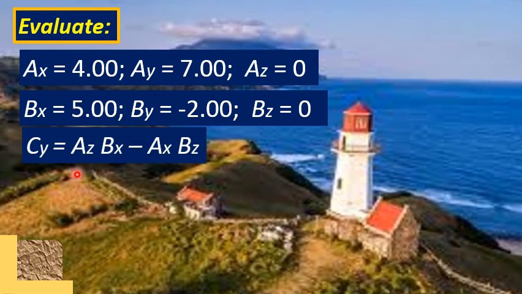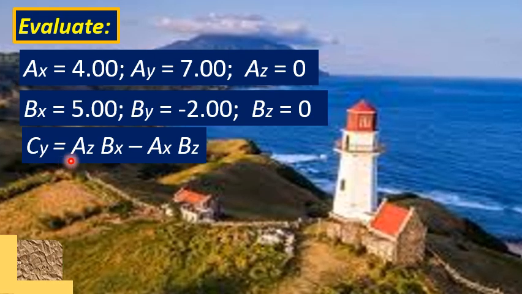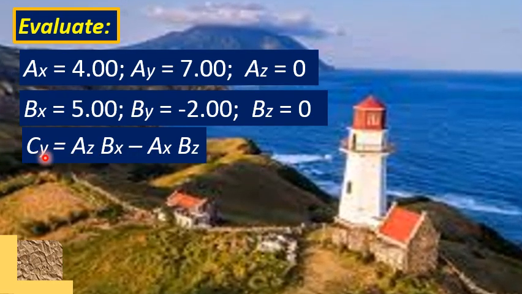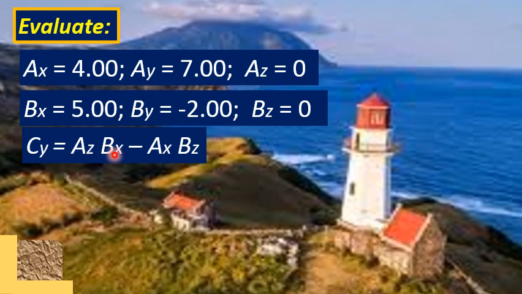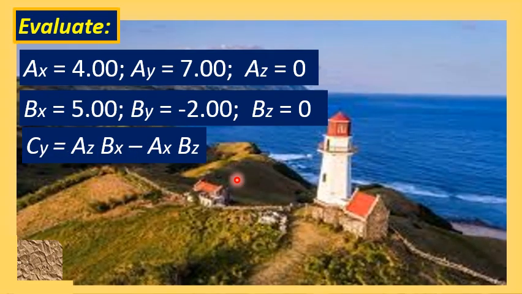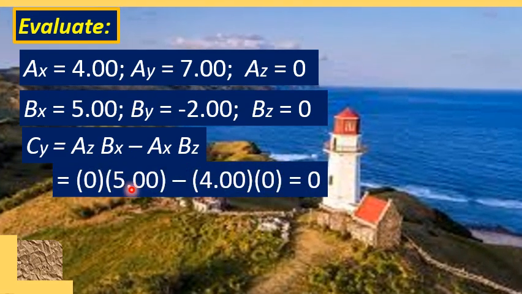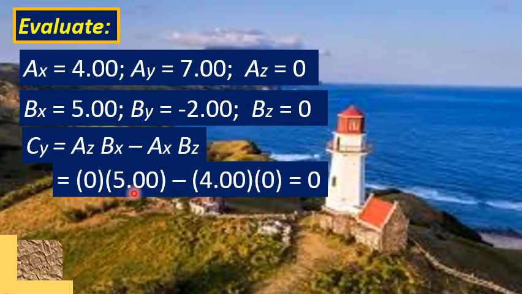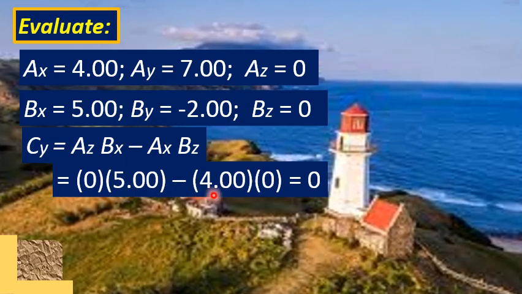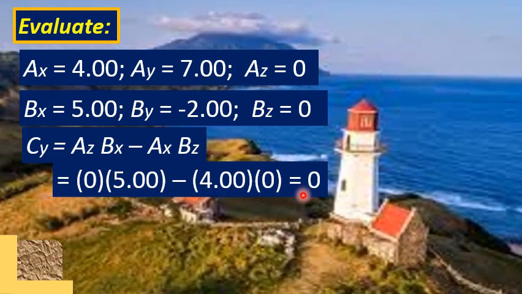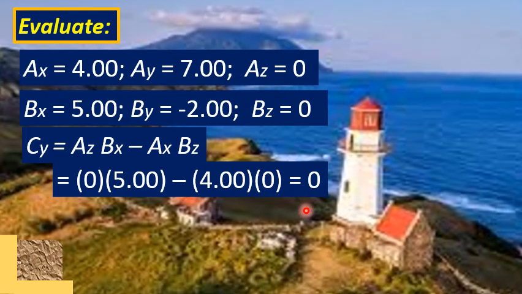Similarly, the y component of vector C can be determined using this formula. All right? So Cy equals Az times Bx minus Ax times Bz. Substituting, we get Cy equals 0 times 5.00 minus 4.00 times 0. So that is equal to 0. So the y component of vector C is just equal to 0.